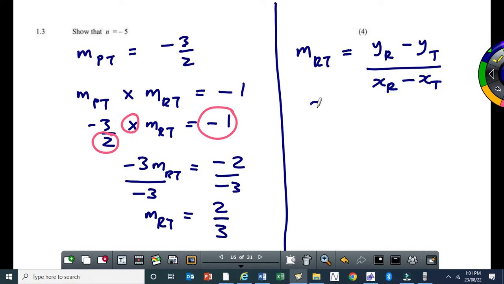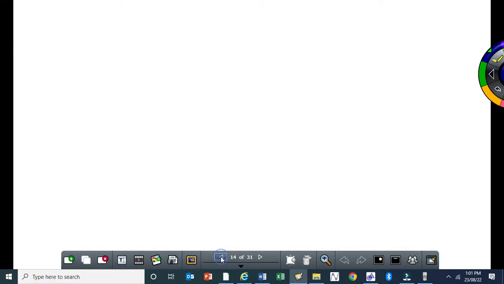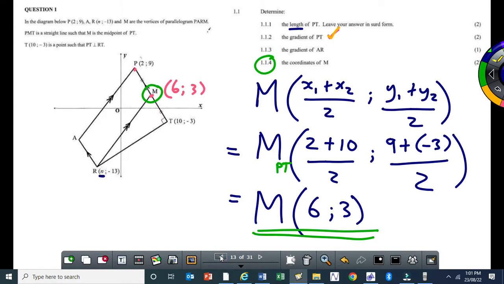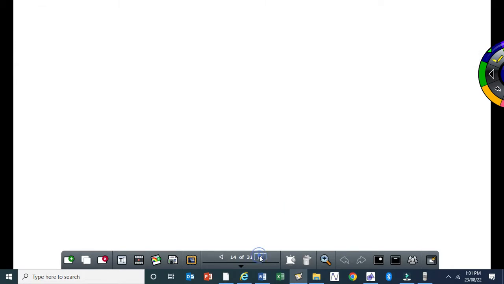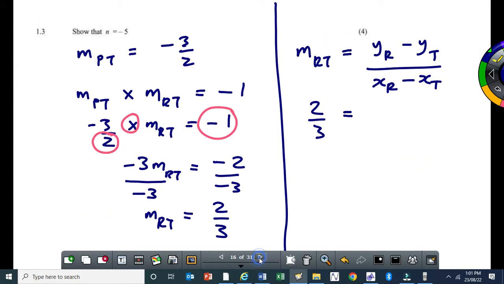What is MRT? It's equal to 2 over 3. Then let's go to the diagram. What is YR? YR is negative 13, and then YT is negative 3. So this will be negative 13 minus negative 3 all over n minus 10.